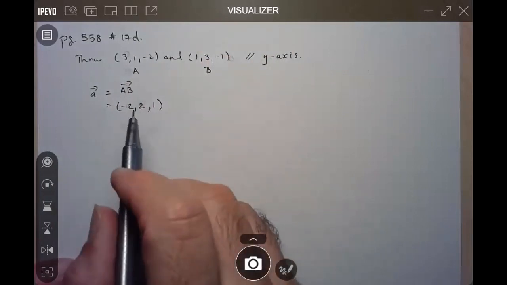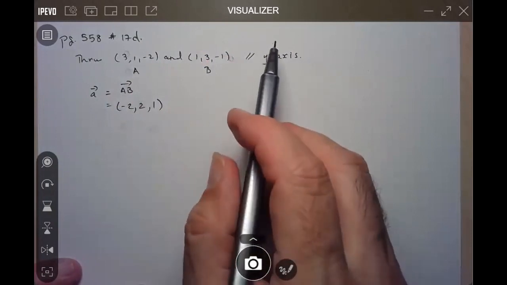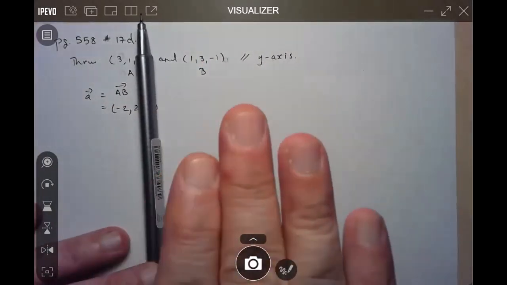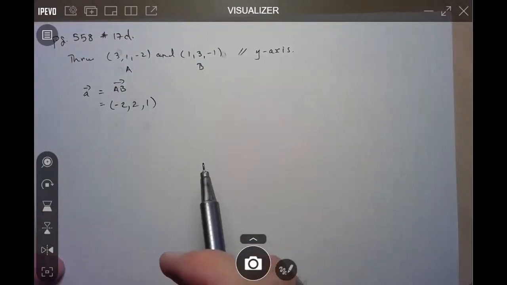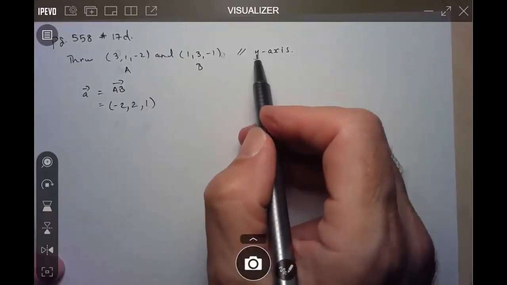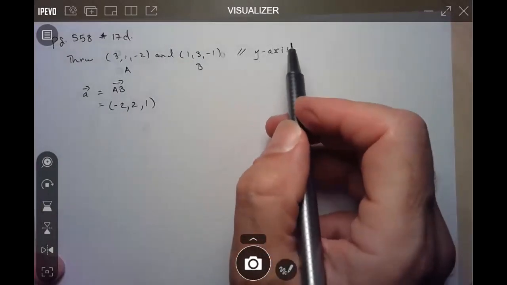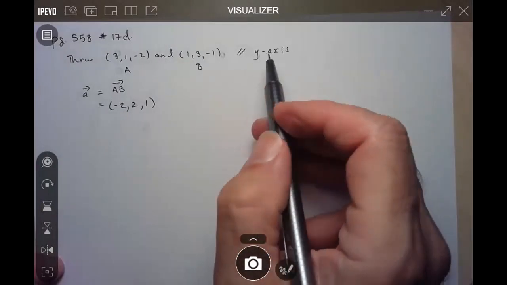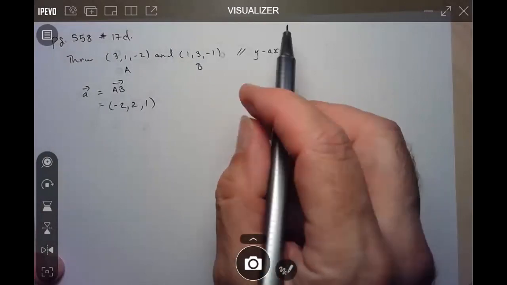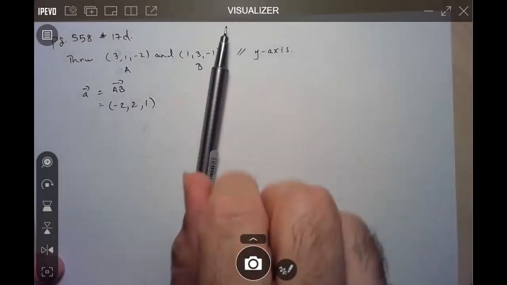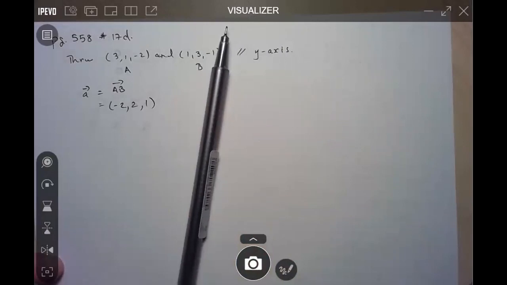Well, it's going to be a little easier because this plane is parallel to the y-axis. That means any vector along the y-axis, which is just a line, can also be used as a direction vector for the plane.